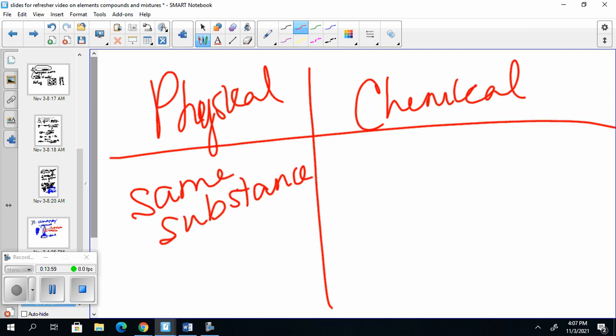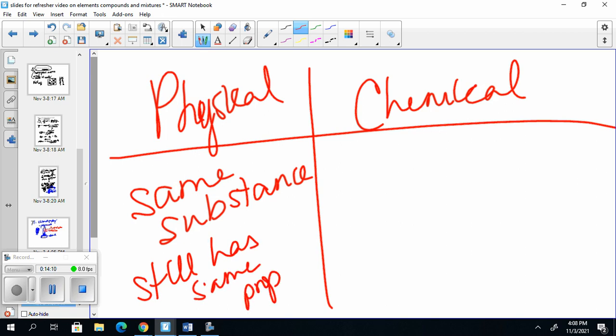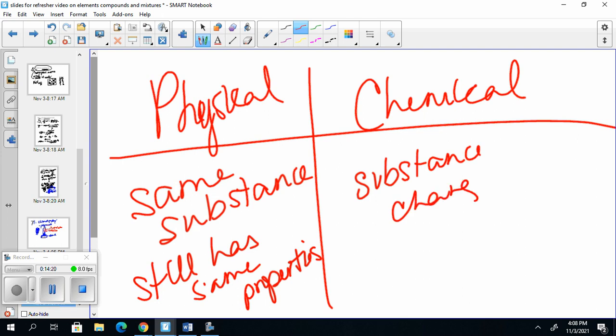It might be in a different form, but it's still the same substance, which means it still has the same properties. But when you do a chemical change, the substance changes. And when it changes, it takes on new properties.